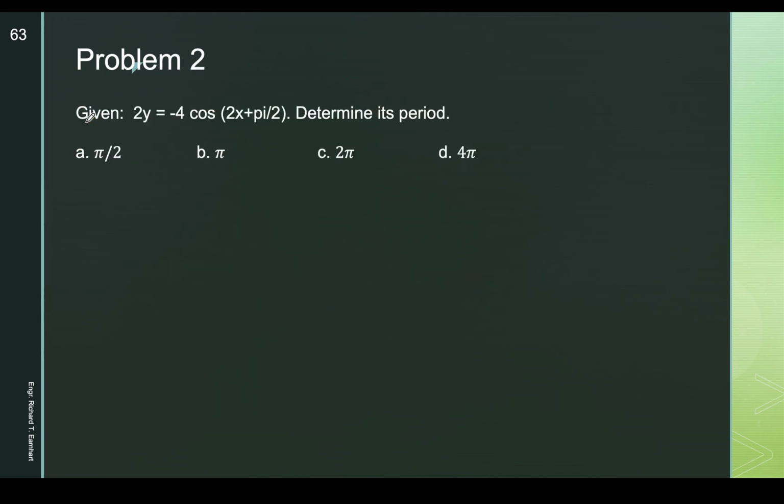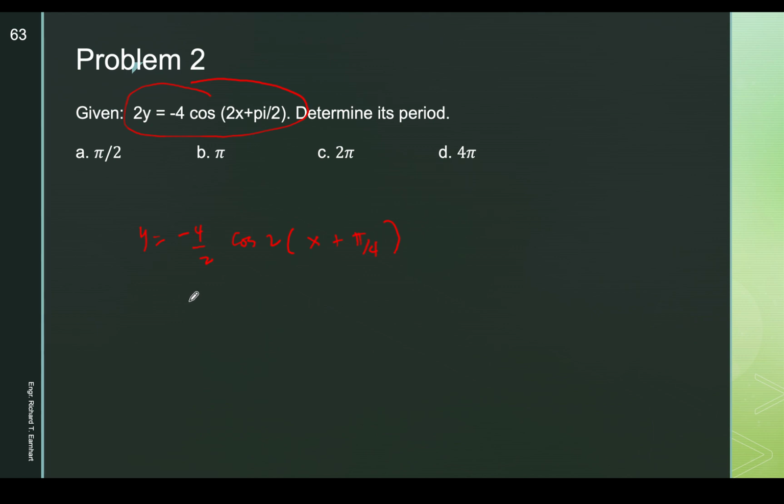Now we go to the next problem. Determine the period. Now we transform this to the standard form, no? So divide by 2, and then factor out 2 here. The coefficient of x must be 1 here, no? And then this will be pi over 4.